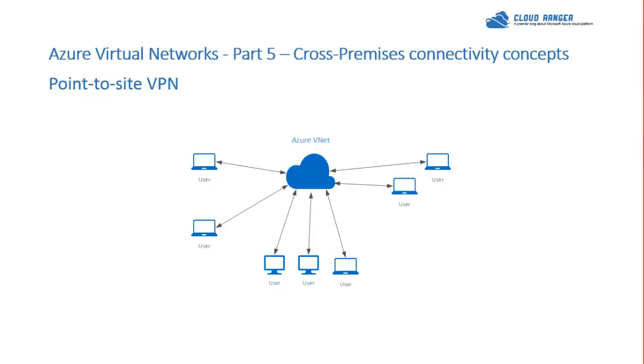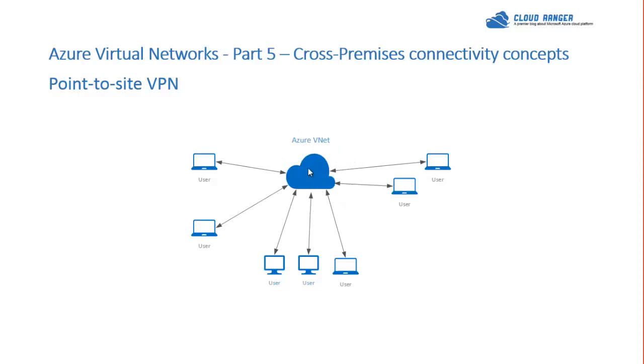You are at a point, wherever it might be, a branch office where you have a bunch of desktops and a laptop, or you might be at home, or at a coffee shop, wherever. As long as you have a piece of software that's downloaded and you have put in your credentials, you can connect to your organization, or in our case here, you are connecting to the Azure Virtual Network.